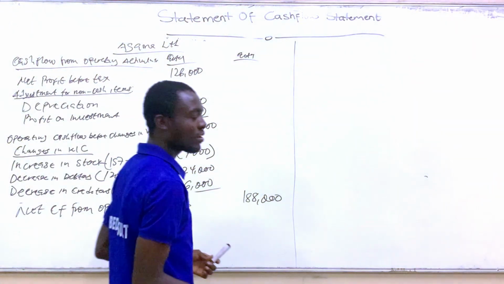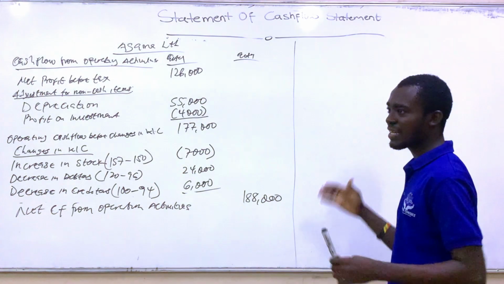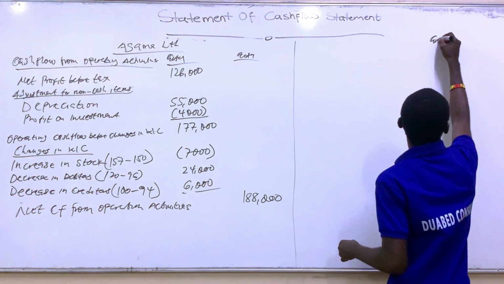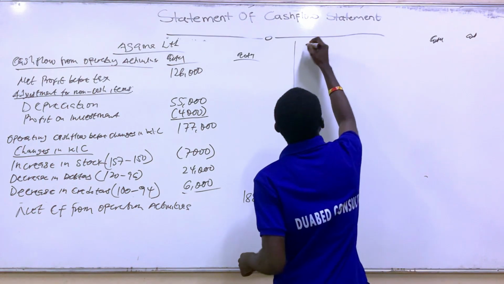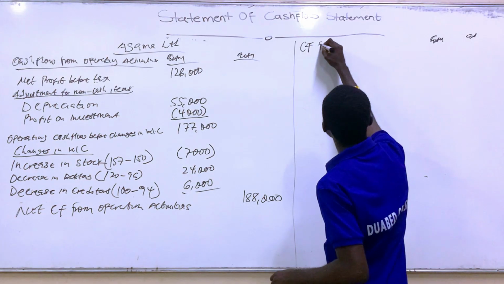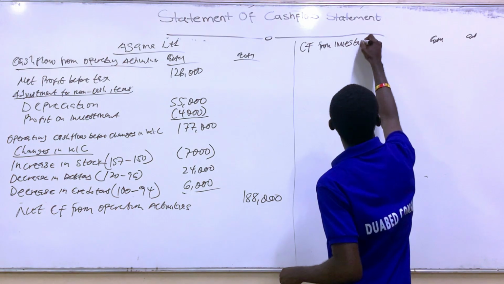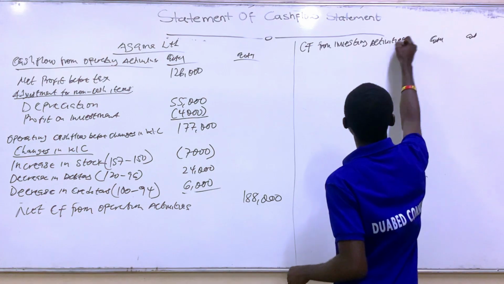So we proceed with investing activity. That's cash flow from investing activity.